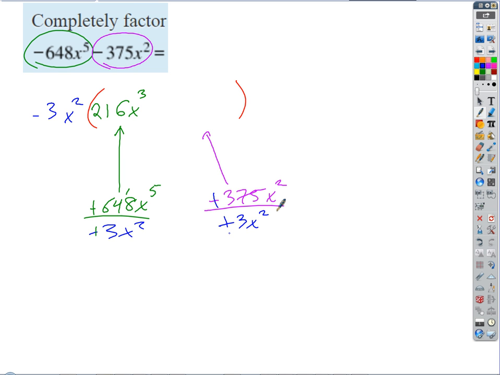What happens to the x squareds? They cancel out. So we get a plus. 3 goes into 3 once, 3 goes into 7 twice with 1 left over, right? And 3 goes into 15 5 times. Okay, everybody see?